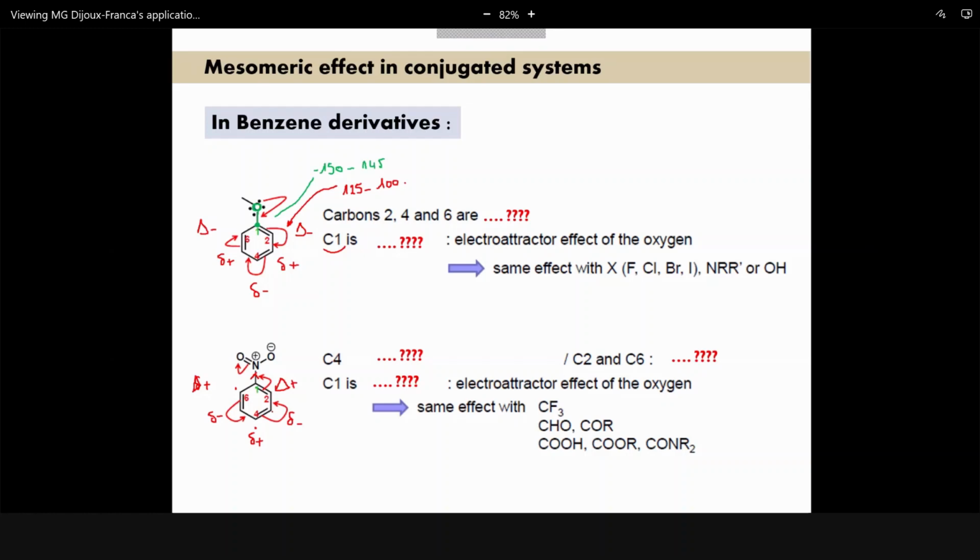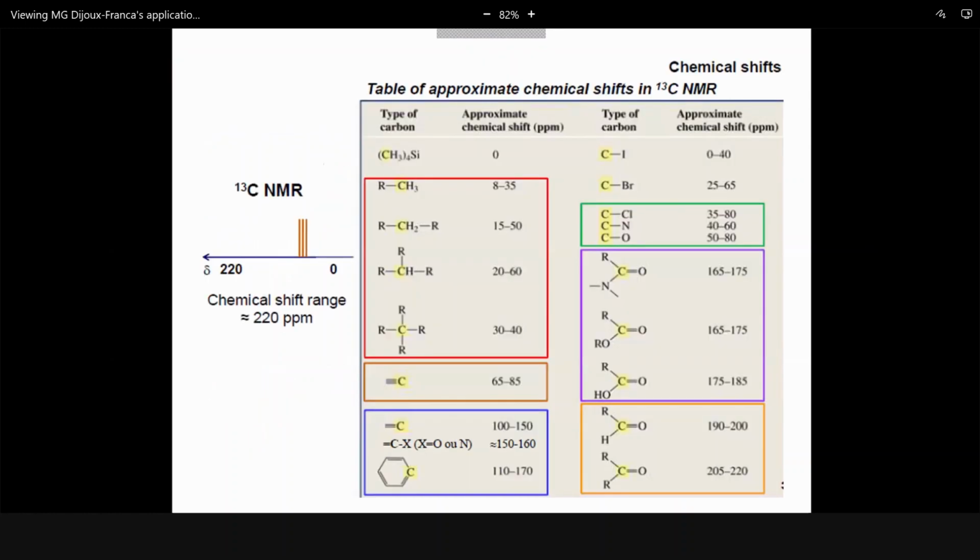Okay, so this could help you. Please try to understand this very well because it will help you to interpret the carbon-13 spectrum.